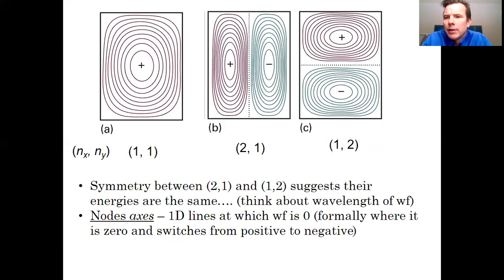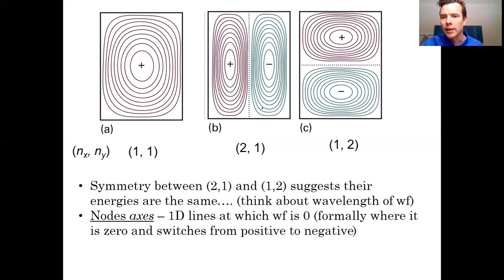Now, this starts to bring up some other issues that you might pick up on. These are topographical images of these wave functions. It's the same idea. What you'll notice is that there's an inherent symmetry between the 2, 1 and the 1, 2. They're sort of turned 90 degrees from one another. And given that that's true, that their wavelengths are in some sense the same, it suggests that their energies are the same.